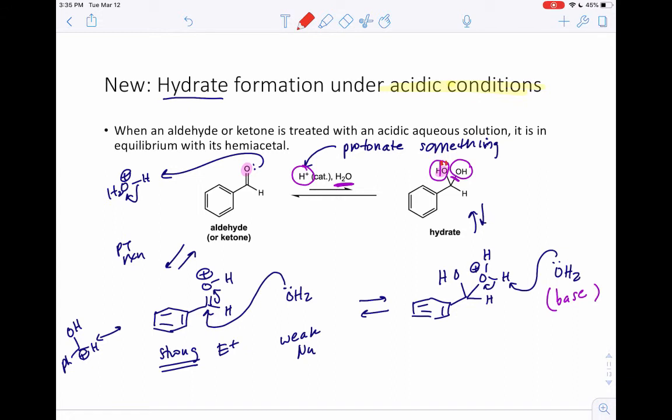So what can happen? Well, that pink oxygen can grab a proton, it can deprotonate hydronium, and go right back to the protonated hydrate, right? But this time, it's the pink oxygen that got protonated. What can the protonated hydrate do?